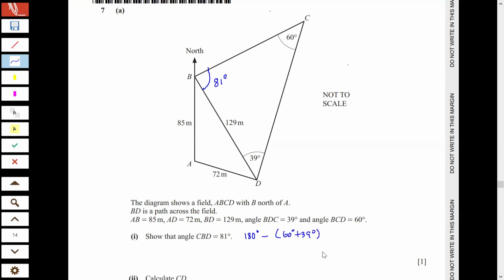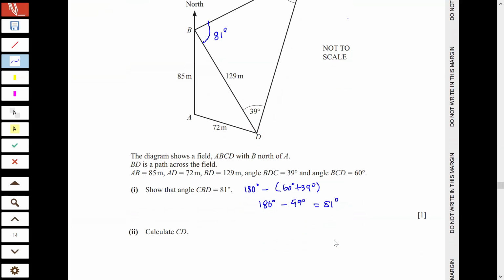Adding 60 to 39 gives 99 degrees. So 180 degrees minus 99 degrees gives us 81 degrees. That's the answer to question I.